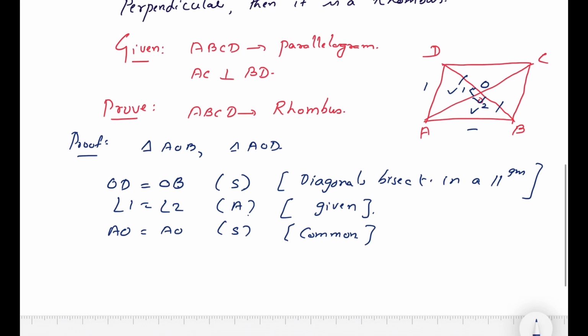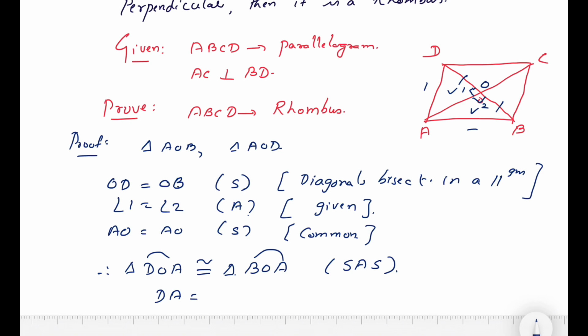Therefore, triangle DOA is congruent to triangle BOA, SAS. So from this we can say DA is equal to BA. If you see, this is DA and this is BA.